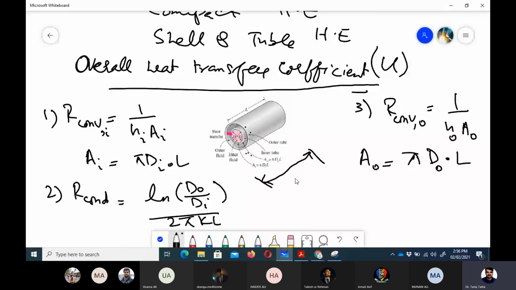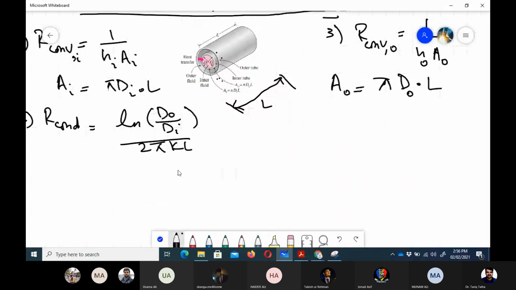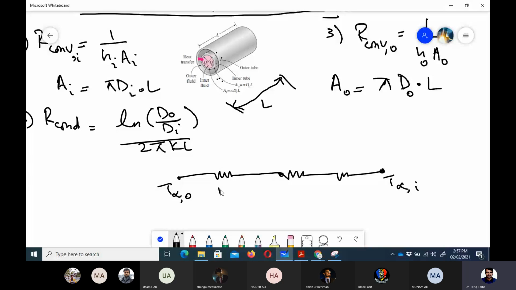Okay. Now if we consider the radial heat transfer, we have got three resistances in series. If we want to show them here, this is T infinity outer, this is T infinity inner. And here we have got R convection outer, then R conduction, and then R convection inner.